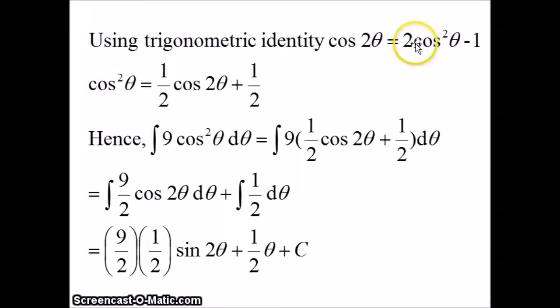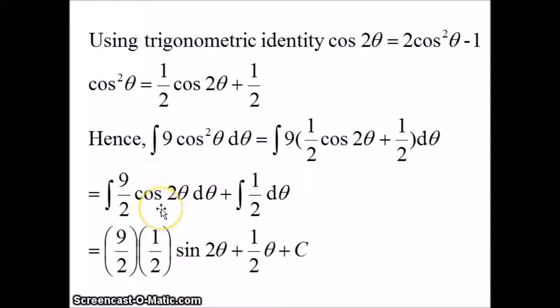Cos 2 theta equal to 2 cos squared theta minus 1. From this identity, we get that cos squared theta equal to half cos 2 theta plus half. We rewrite the equation and we get 9 multiplied by half cos 2 theta plus half in terms of d theta. Now we can start to integrate our equation.